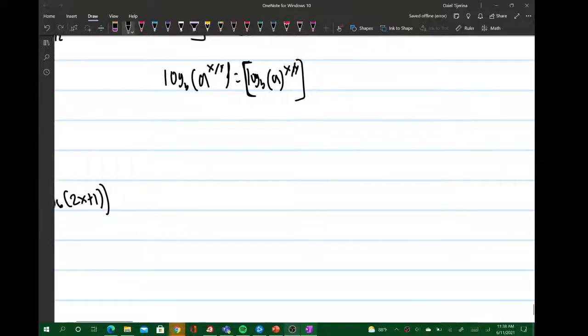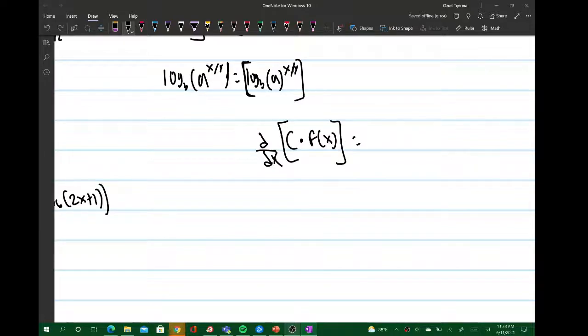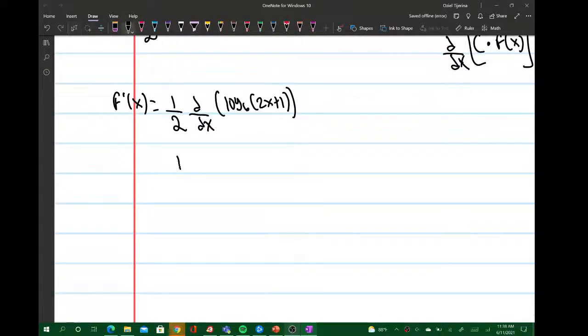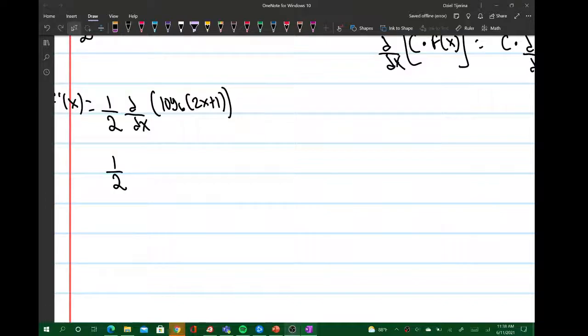Remember this rule: the derivative of c times f of x is really just c times the derivative of f of x. Okay, that's how it works. We can take out the constant, so we have 1/2, and the derivative of log base 6 of 2x plus 1.